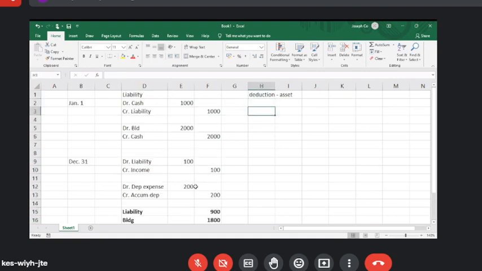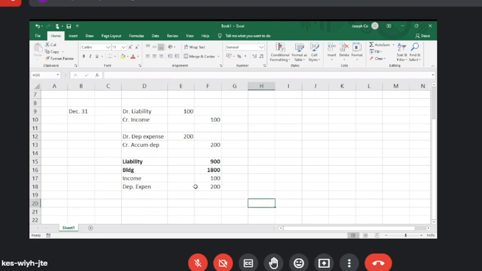But under deduction sa asset, ang nangyari po, di ba meron tayong building 1,800, i-minus po ito. Kaya ang magiging answer ng asset natin is 900. Liability, 0, no? Kasi naka-neto po siya.